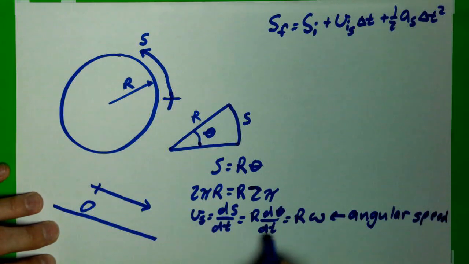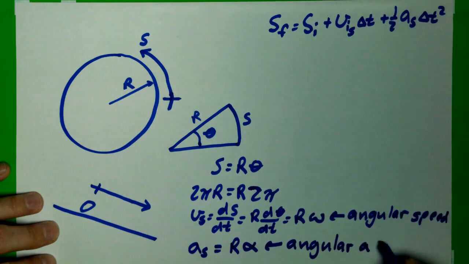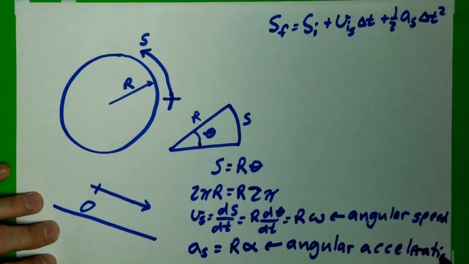In a similar way, we could show that the arc length acceleration, the acceleration along the arc, is equal to r times an angular acceleration. Sorry, I'm getting squished there at the end. This is the Greek letter alpha. It looks like a fish. It's the Greek letter alpha.